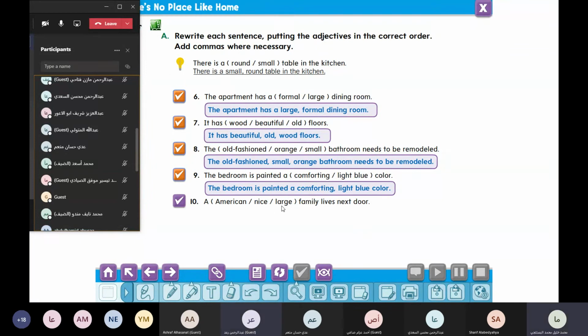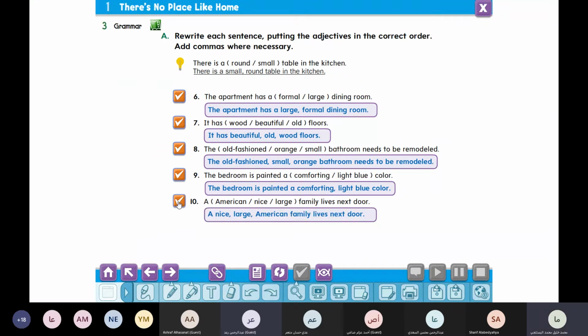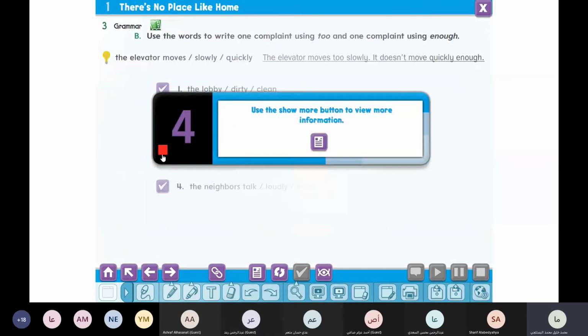A nice large American family lives next door. A nice large American family. Nice represents an opinion. Large, size or shape. American, nationality. Thank you. Now move to the next exercise.